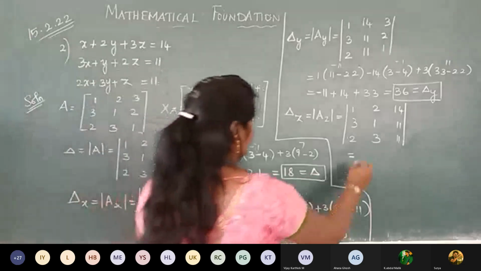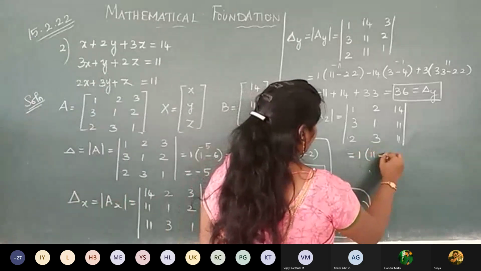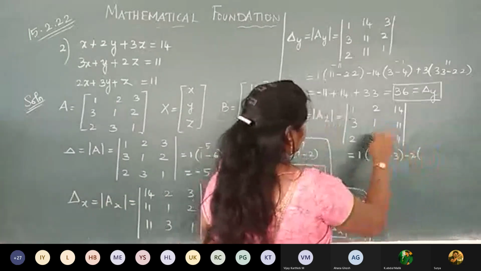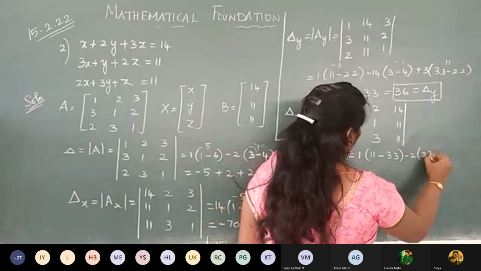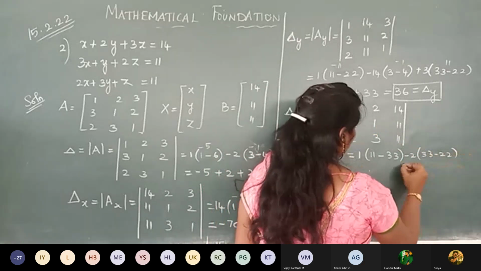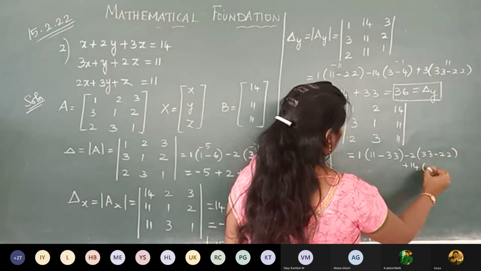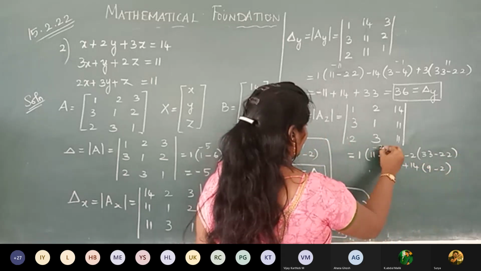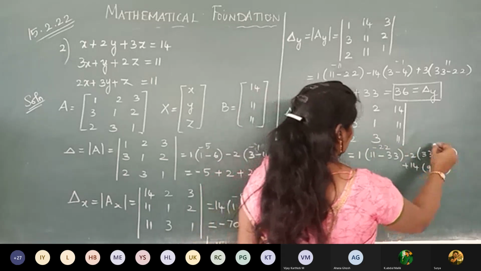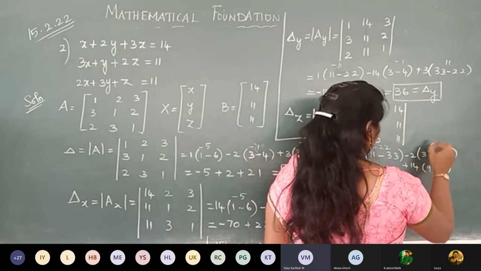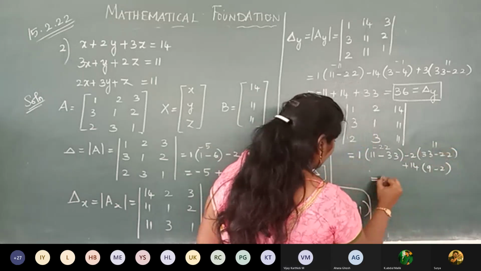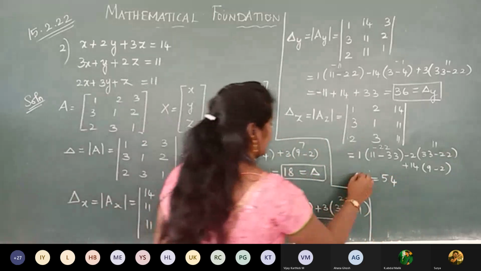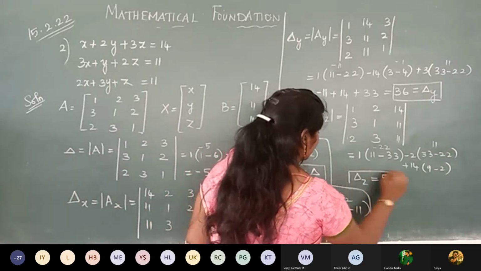So when you find out, it will be 1 into 11 minus 33, minus 2 into 3 minus 22, plus 14 into 9 minus 2. Here it will be minus 22, 54. We're getting 54. Delta z is 54.